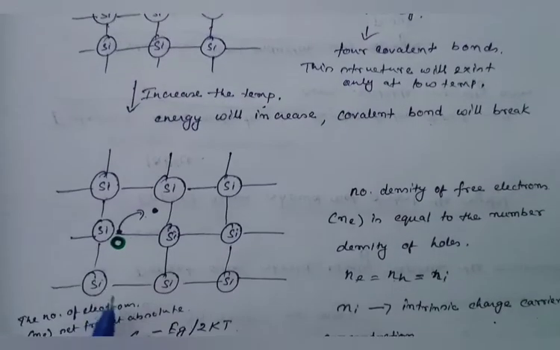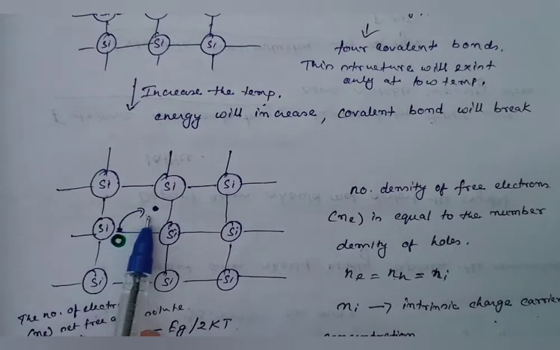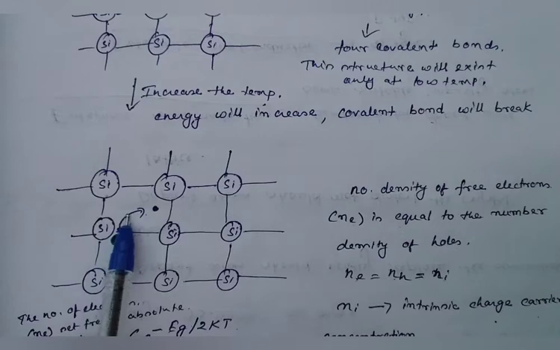Now if the covalent bond breaks, then the electrons will be set free from the covalent bond and become free to conduct electricity, and this electron leaves behind a vacancy in the covalent bond. The vacancy of an electron with an effective positive charge is called a hole.